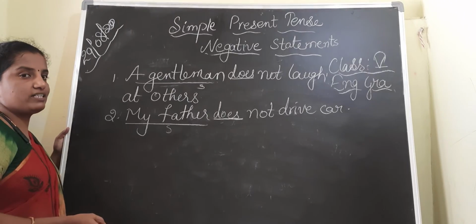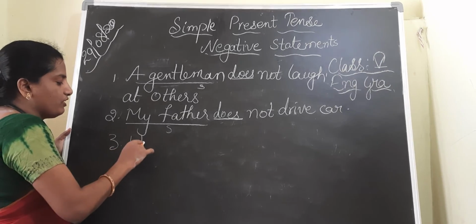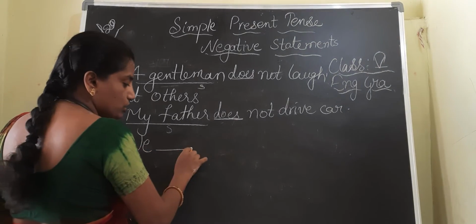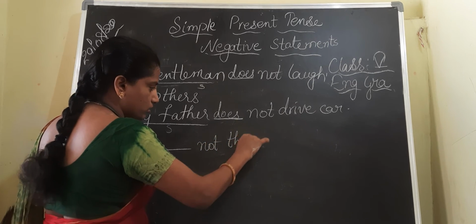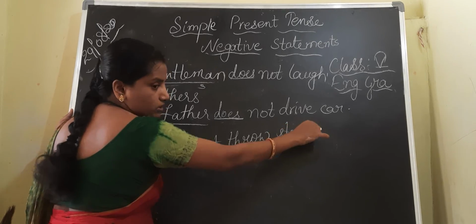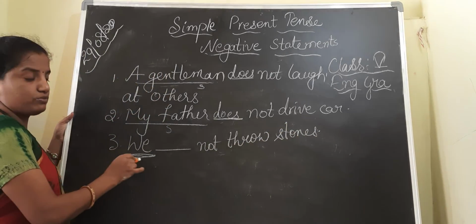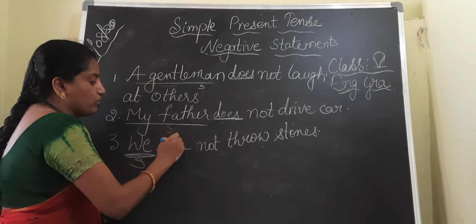My father does not drive a car. Coming to the third one, children, we dash not throw stones. So here we is the subject. We, singular or plural? Plural subject. So we have to use do.